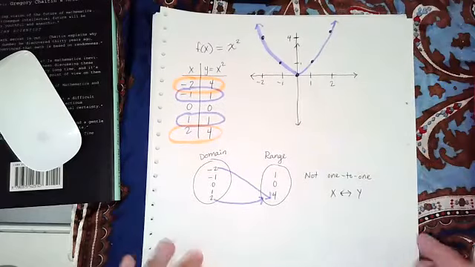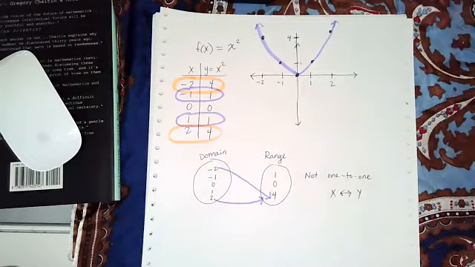So there's a visual test that we can use to determine whether a graph is one-to-one, if we're not given the equation, or maybe we're given the equation and we're not sure if it's one-to-one, we might look at the graph of the function and then try to assess whether it's one-to-one or not.